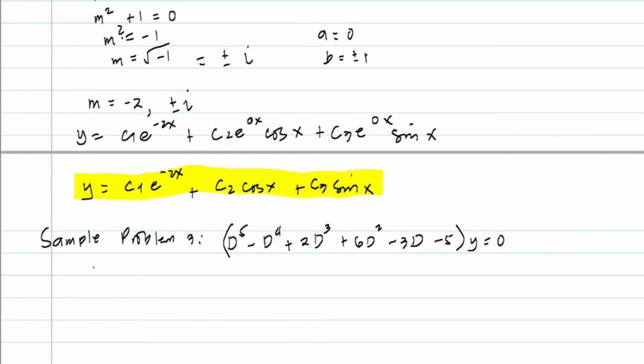I-transform muna natin siya into an auxiliary equation. So, we have here m to the 5th plus m to the 4th plus 2m cubed plus 6m squared minus 3m minus 5 is equal to 0. Ayan. So, by synthetic division, we have 1, negative 1, 2, 6, negative 3, and negative 5. Okay? So, ano yung naisip ninyong root?